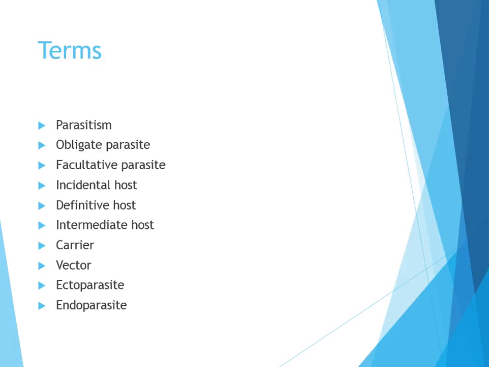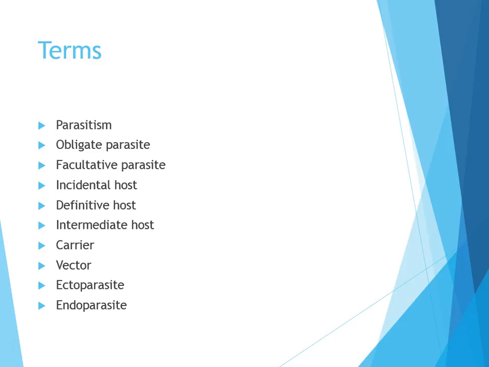They can multiply in the host. An intermediate host is where the larval or asexual reproduction occurs. A carrier is when a parasite is in the host or on the host and there's no signs of infection.